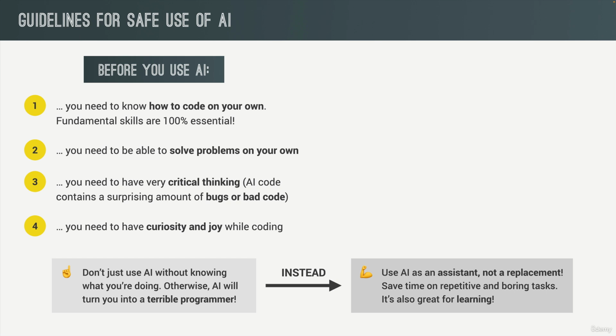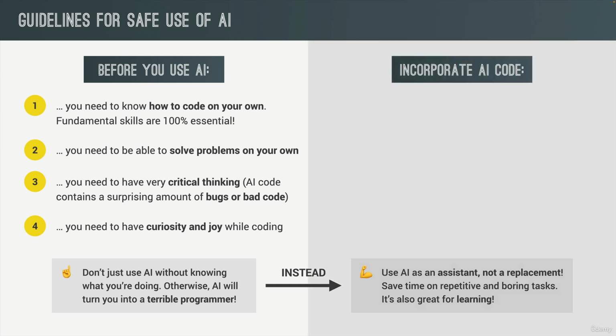Okay, now assuming that you did decide to use AI and you now have your AI-generated code, when is it actually okay to incorporate this code into your app? Well, I'm gonna start by reiterating what I said earlier, because it's just so important. You should only incorporate AI code if you could have written that code yourself.